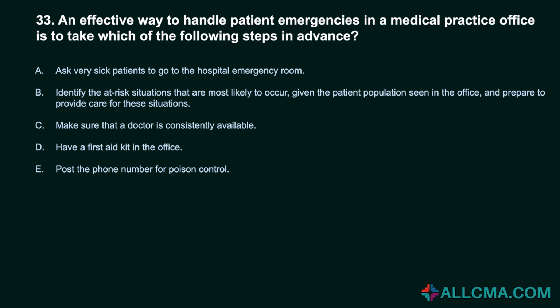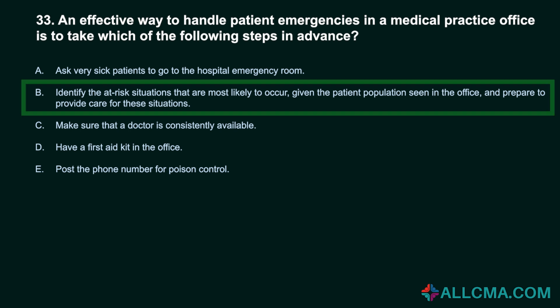C. Make sure that a doctor is consistently available. D. Have a first aid kit in the office. E. Post the phone number for poison control. Correct answer, B. Identify the at-risk situations that are most likely to occur, given the patient population seen in the office, and prepare to provide care for these situations.